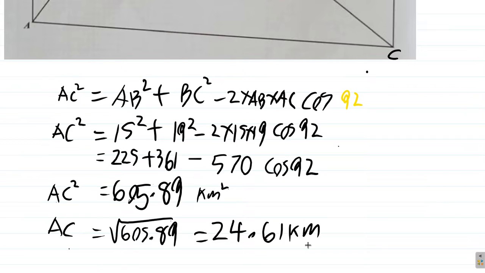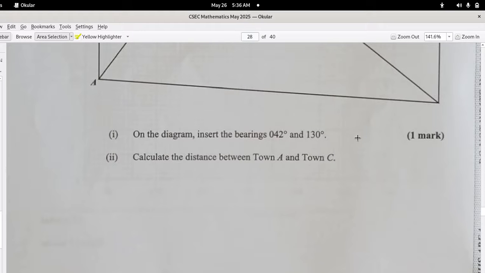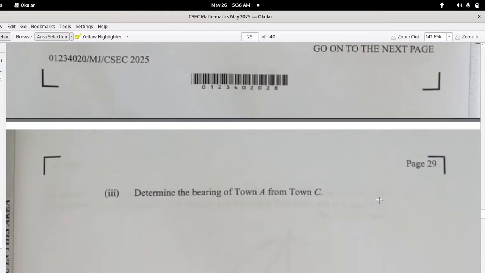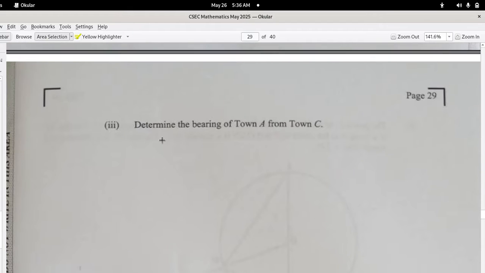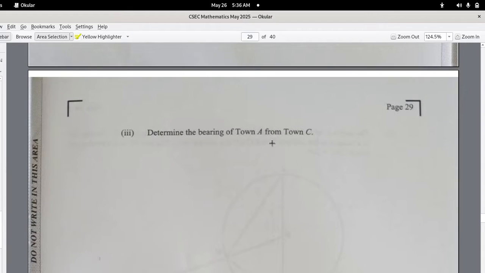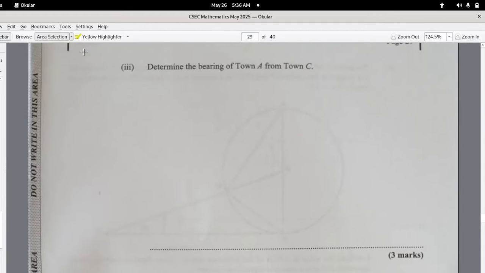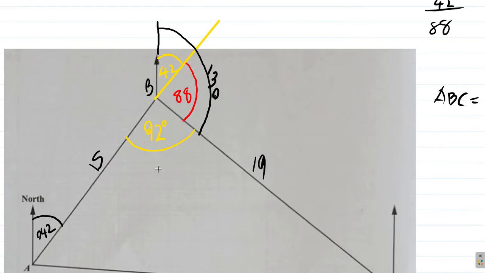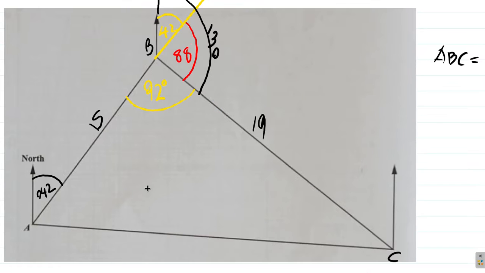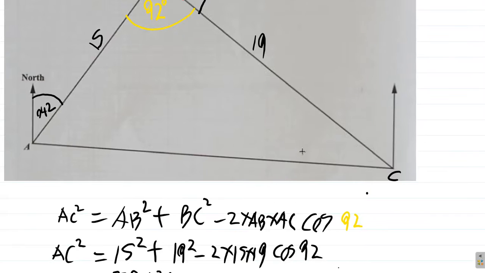So you see that. Now, what else? So that's 2 marks. Determine the bearing of town A from town C. 3 marks. Wow. The bearing of A from C. Alright.